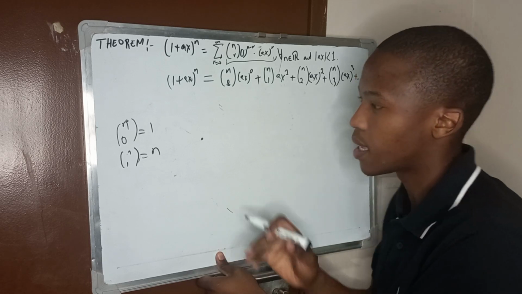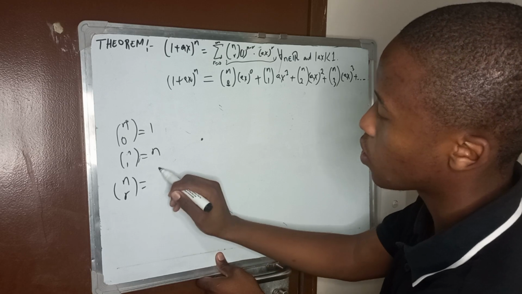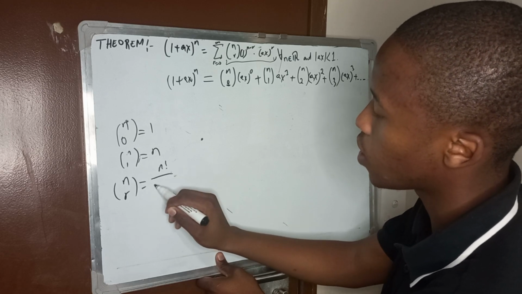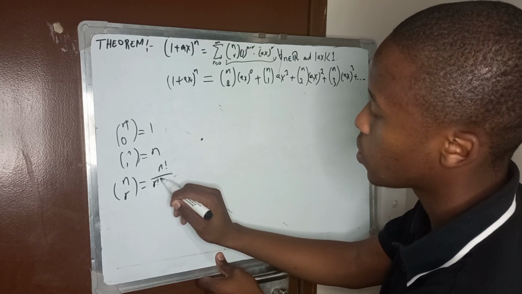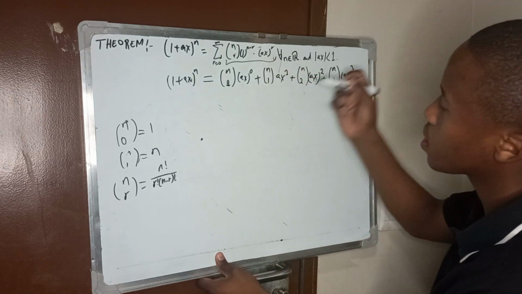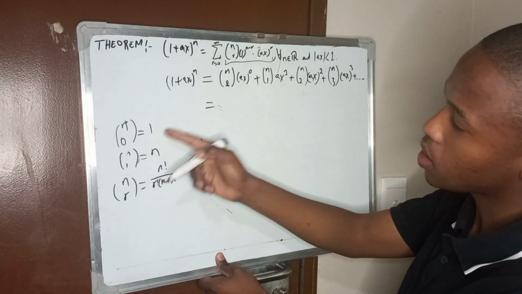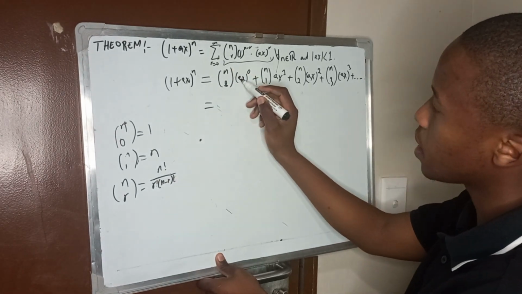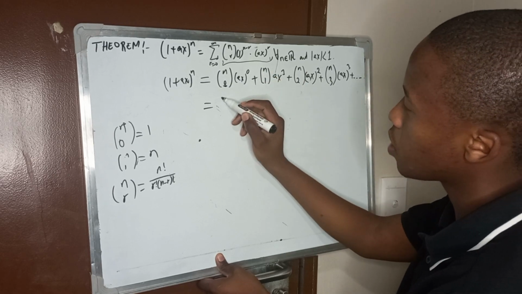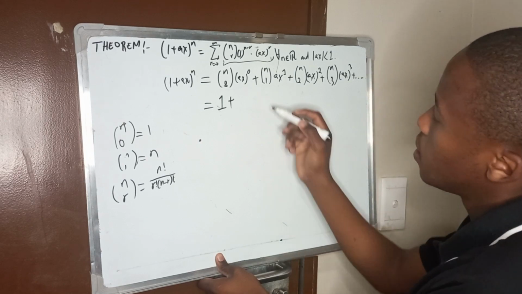It's always the case. Then n choose r is equal to n factorial over r factorial times n minus r factorial. Okay, now let's come here. N choose 0 is equal to 1. 1 times ax to the power 0 is the same as 1. So here we have 1, and it's always the case.